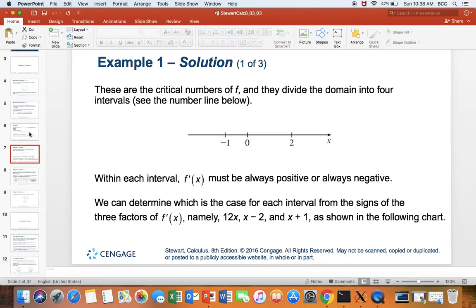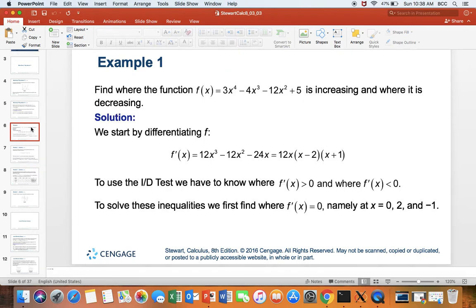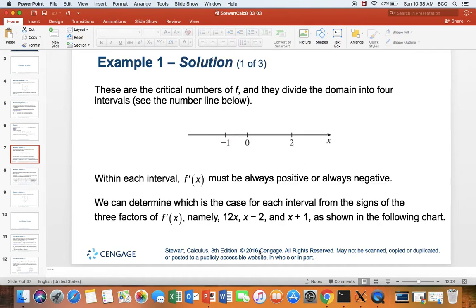These are obtained by these particular factors of f prime. If you remember, f prime factors in this fashion. For this factor you got 0, from this factor you got 2, from this factor you got -1.